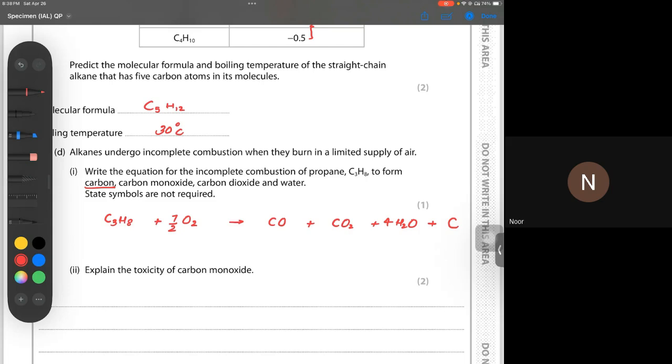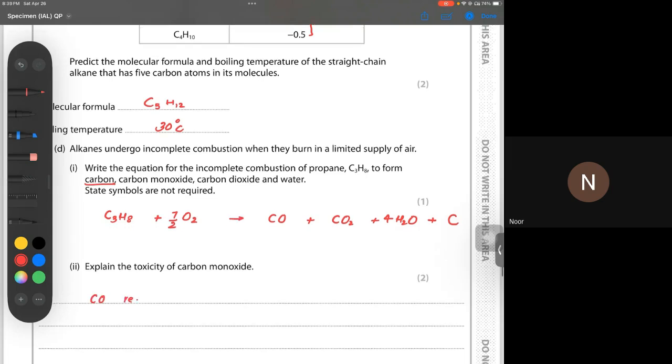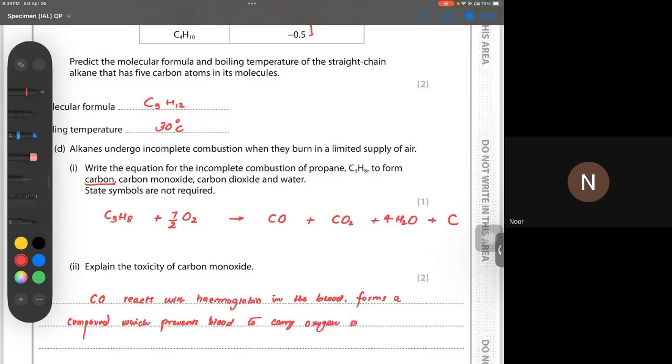Carbon monoxide, CO, reacts with hemoglobin in the blood, and forms a compound which prevents the blood from carrying oxygen to the body.